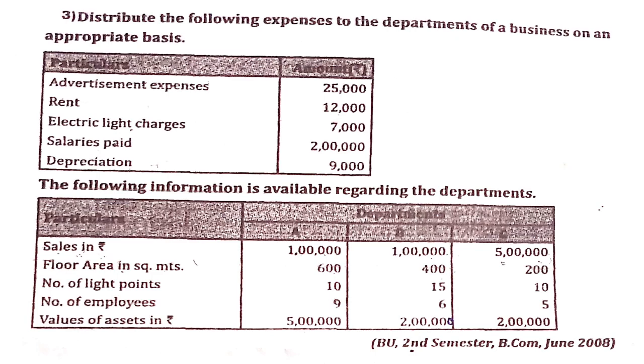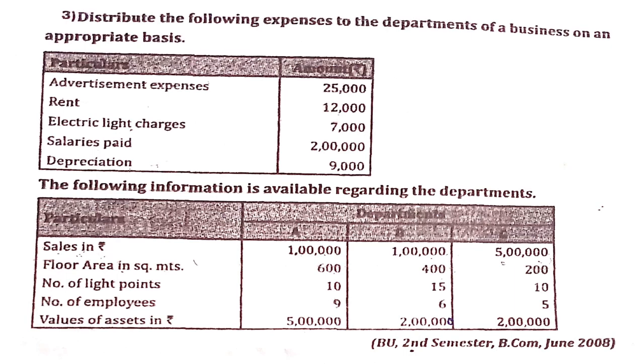The department information is given here. The three departments are A, B and C. Sales of department A is 1 lakh, B 1 lakh and C 5 lakhs. The floor area occupied in square meters is 600, 400, 200. The number of light points is 10, 15, 10.